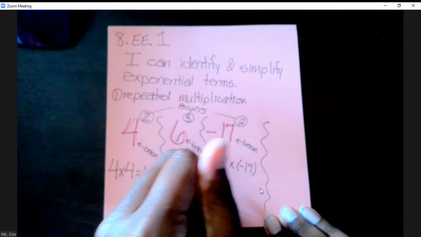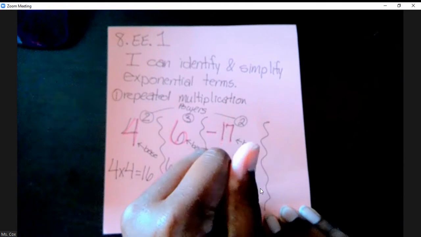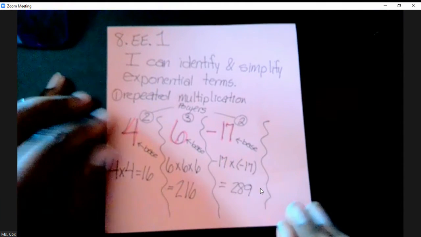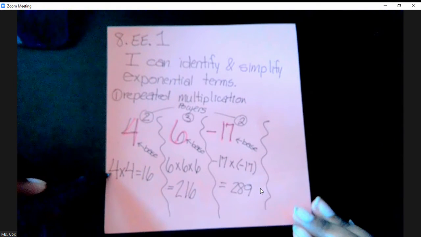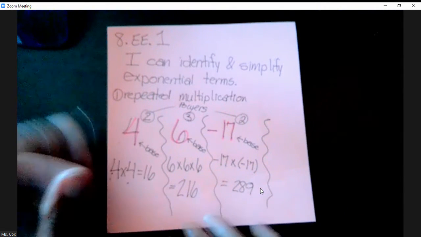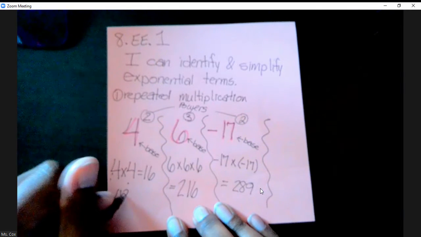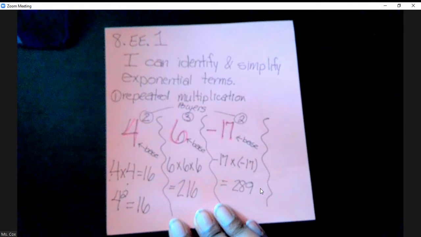Two negatives together equal a positive number. So 17 times 17 is just 289. So when you're simplifying your exponents, you're breaking it down like this. You're writing it as a multiplication problem. Then you do the work to solve that multiplication problem. So 4 squared and 16 are the same number. Okay, they're just written differently.